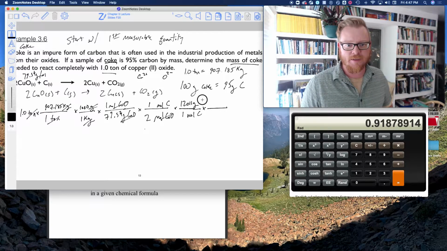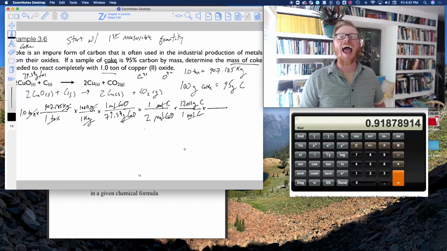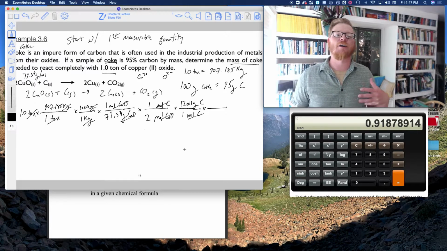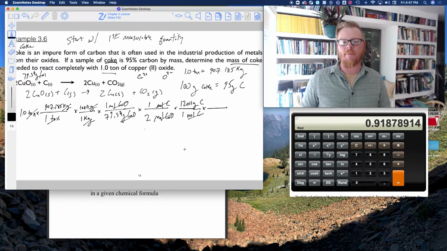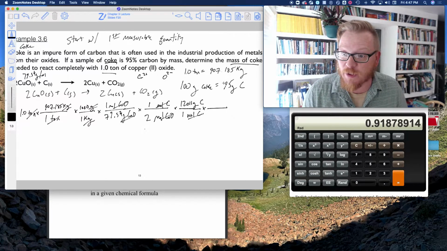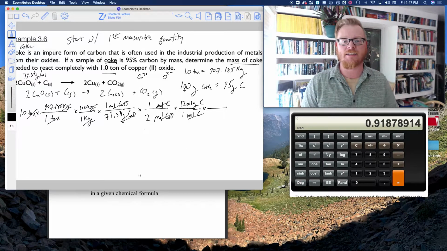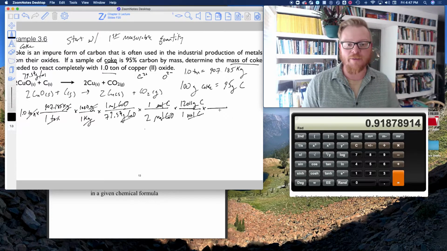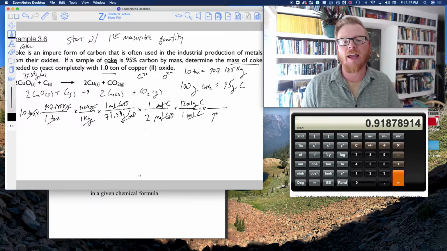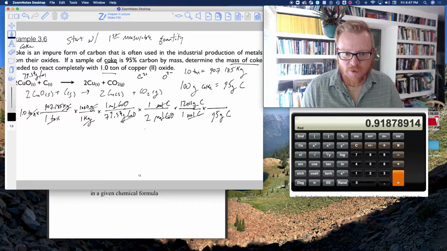All right? This is the hard part. Because now I've canceled moles of carbon and moles of carbon, but it didn't ask me for the mass of carbon. It asked me for the mass of coke. So this is why I wrote this down in the beginning, because now I can easily say, oh yeah, well, if I had 95 grams of carbon, right?